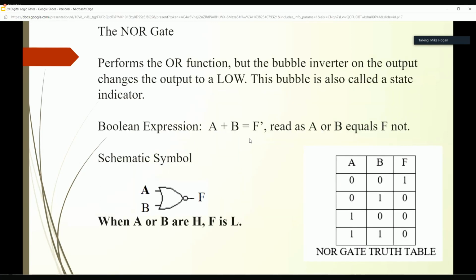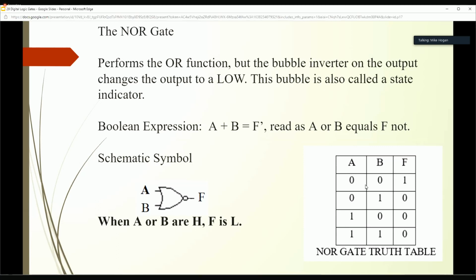Here's the NOR gate. Once again, it's the OR gate, except I've got this bubble inverter on the output, and so it's going to be just the opposite of my typical output. Remember, for an OR gate, either input being high would give me a high output. A 1 on A or a 1 on B would typically give me a high output, but I'm going to invert it. So anytime I get a 1, now I'm going to get a 0 out, right?